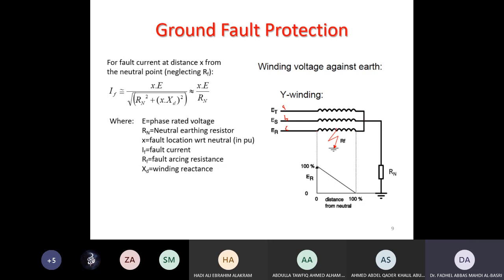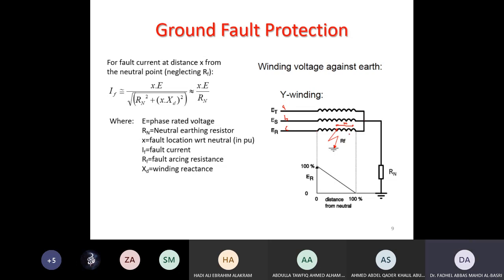Now consider the voltage at point X, and suppose this is X per unit from the star point, with 1 per unit being the full winding. So X percentage of the winding is faulty.